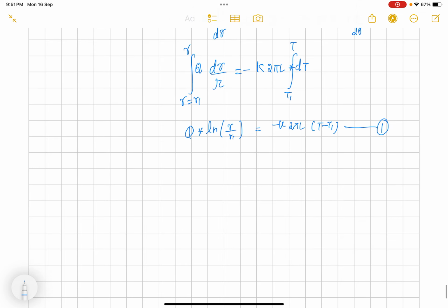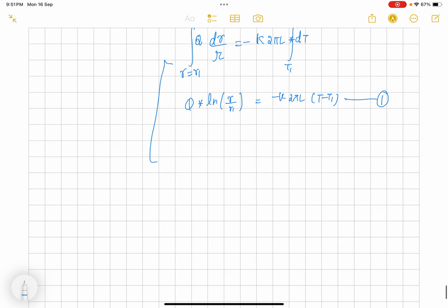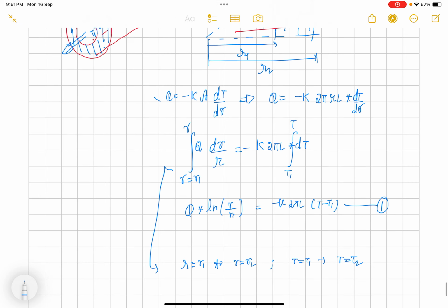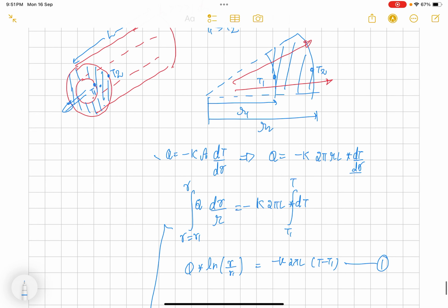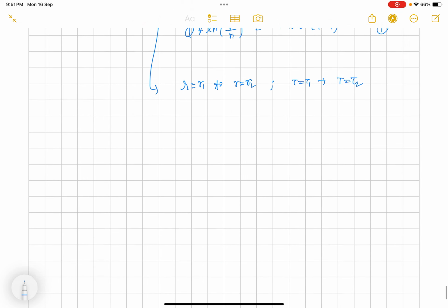Again integrate the above equation from r equal to r1 to r equal to r2, and T equal to T1 to T equal to T2. So what we are doing is, first we are integrating from T1 to some intermediate temperature T at a radius r, and then we are integrating from T1 to T2, right?